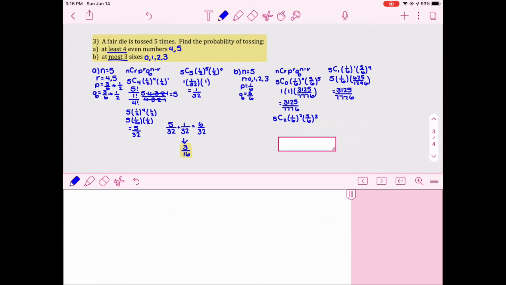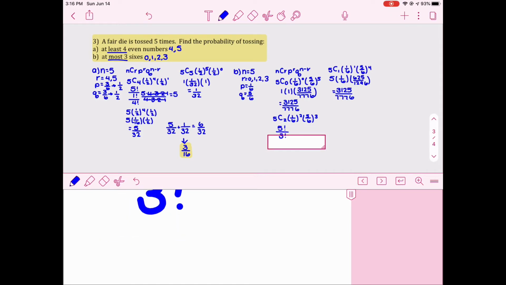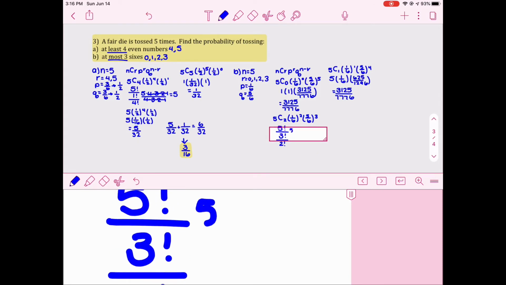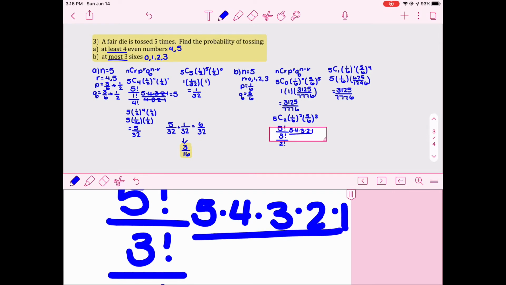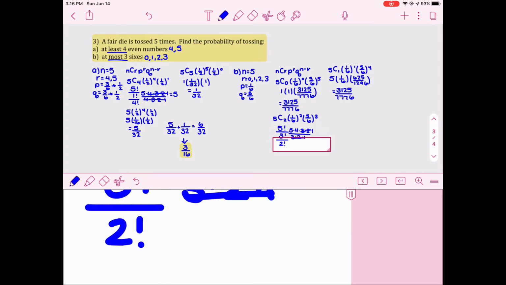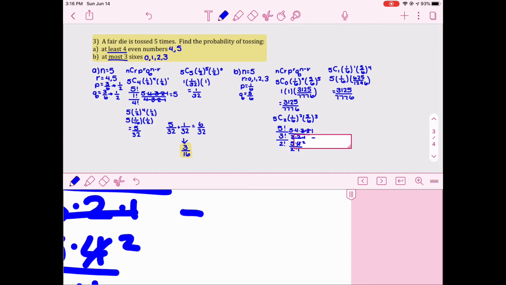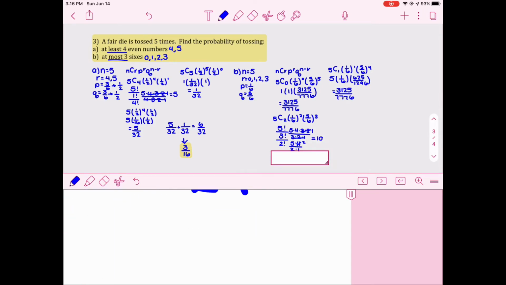So this, I'm going to be writing out the combination since this is a little more complicated. So you write out 5 times 4 times 3 times 2 times 1, and the same thing with 3, 2, 1, and the 3, 2, 1 underneath would both cancel out, so you're left with 5 times 4 on top, and then you do 2 times 1 at the bottom, so the 2 and 1 cancel out the 4, making it a 2, so you're left with 5 times 2, which is 10.